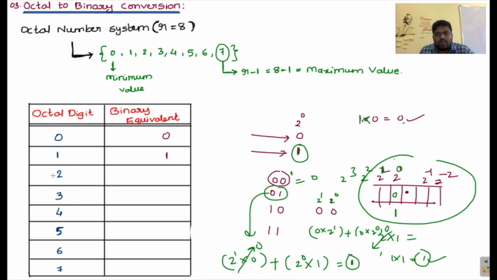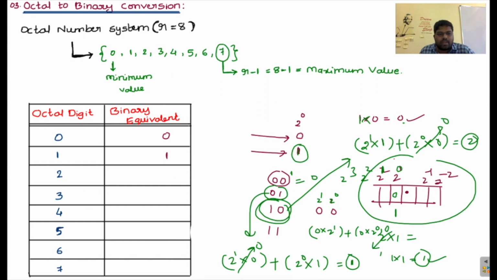But our value is 2, whether in octal or decimal, the value 2 is the same. So we want to represent 2, and here I got only 1. Next I will move to the 1 0 position: 2 power 1 into 1 plus 2 power 0 into 0. 0 into something means you will get 0, and 2 power 1 into 1 means 2. That means you can represent this 2 with 1 0, right. Now you will write here 1 0, clear.